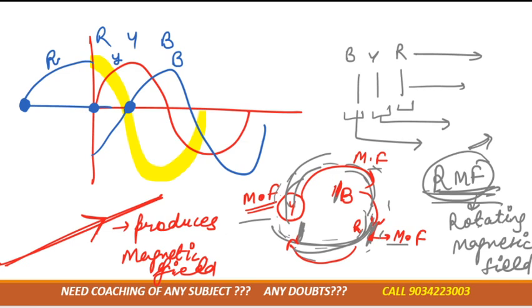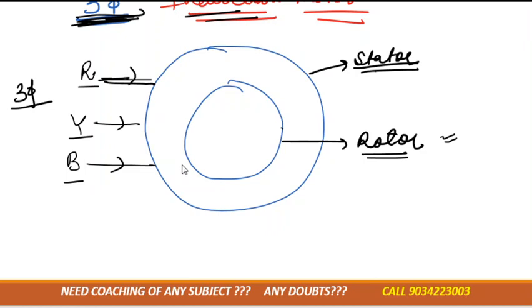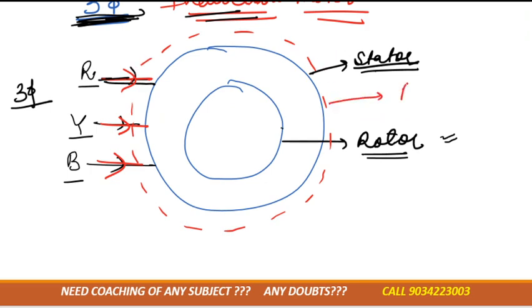Clear this thing? So this is the induction motor, this is the diagram for the induction motor, and we have given the RYB supply, means there is a current in R, Y and B, so it is also producing a magnetic field. So it is producing which field? Rotating magnetic field. Now you have to use your imagination, that there is a magnetic field and that is known as the rotating magnetic field, that is, the magnetic field is rotating around the stator.